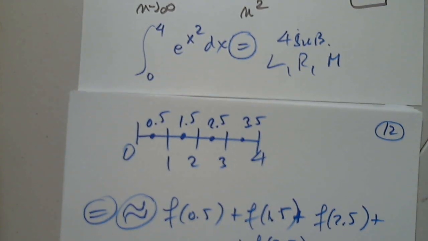Enter 0.5, 1.5, 2.5, 3.5. And now e, and the power would be list L1 squared. Enter.